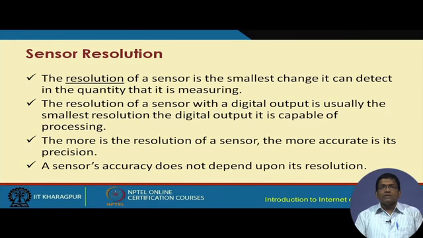There is a terminology called resolution. The resolution of a sensor is defined as the smallest change that it can detect in the quantity being measured. The resolution of a sensor with a digital output is usually the smallest resolution of the digital output it is capable of processing.